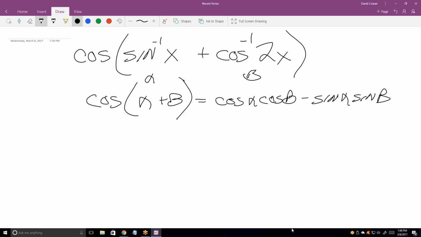Well, now we do have to do the triangle. Label alpha, which makes x over 1 and makes the hypotenuse what?